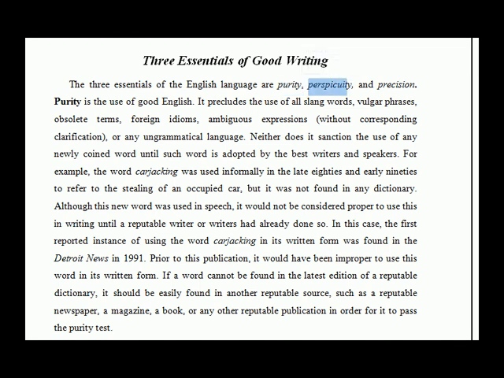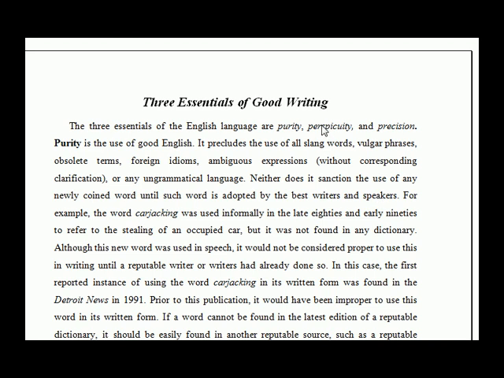Moving on to the next one, perspicuity. This essentially means not using any words that could cause confusions or could be interpreted in different ways by the reader, being clear. And then we have precision, which is not using too many or too few words. Perspicuity and precision based questions are regularly seen on the test.